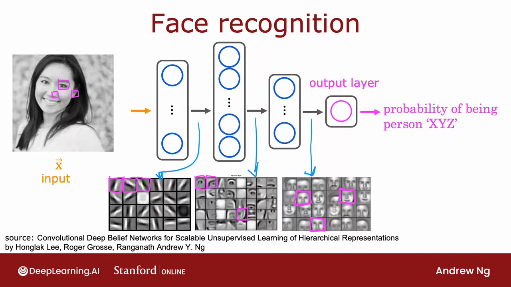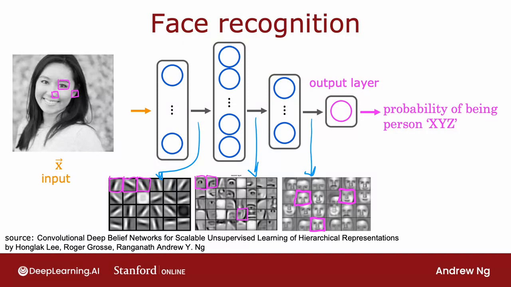A remarkable thing about the neural network is it can learn these feature detectors at the different hidden layers all by itself. In this example, no one ever told it to look for short little edges in the first layer, eyes and noses and face parts in the second layer, and then more complete face shapes at the third hidden layer. A neural network is able to figure out these things all by itself from data.